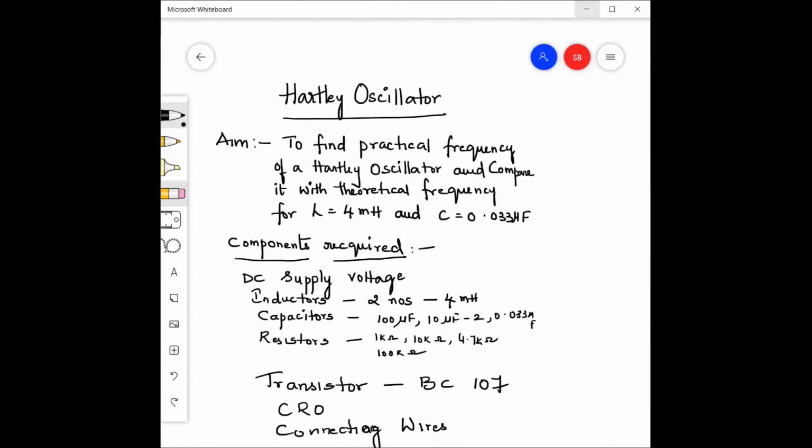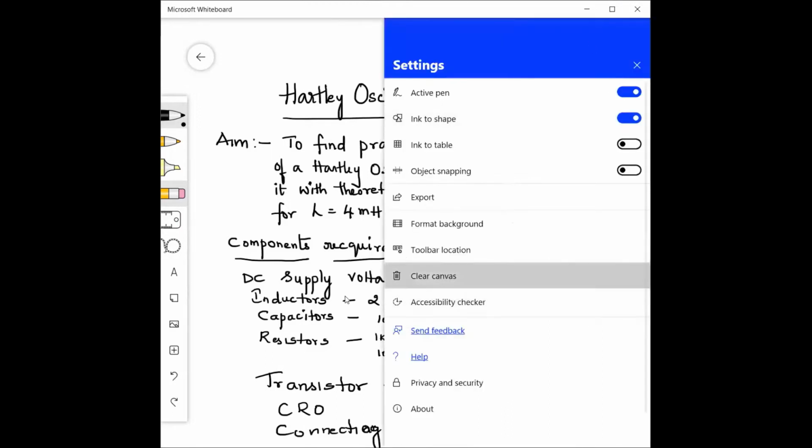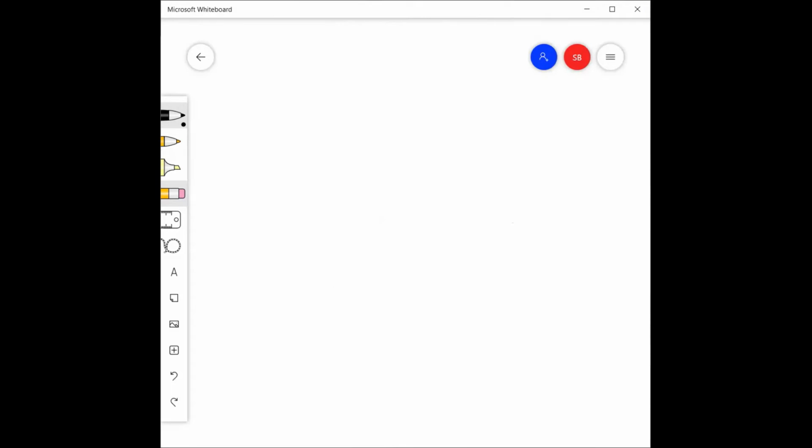So these are the components required for our experiment. Now we will draw the circuit diagram for this.